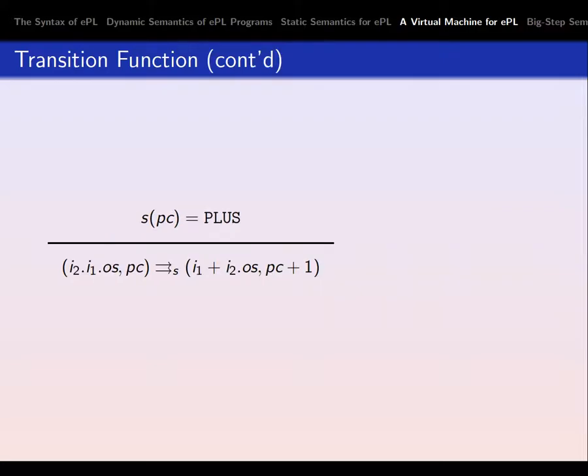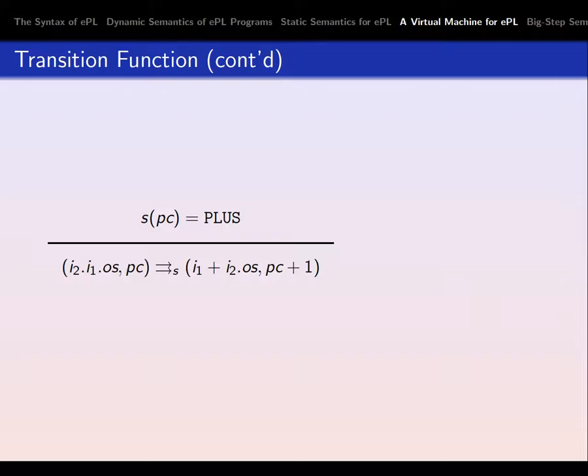If the current instruction is plus, we have to be in a situation where there are at least 2 operands on the stack. So I2, I1 must be on the stack. So our state is I2, I1 followed by some OS. OS can be empty, but I2 followed by I1 followed by OS tells us that our current stack has at least 2 elements.